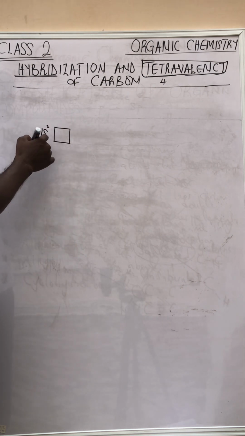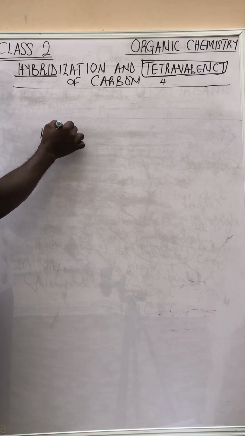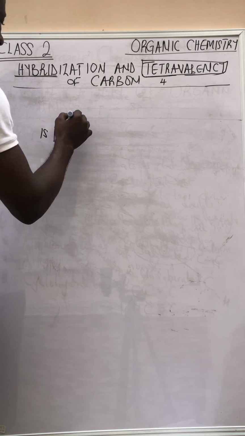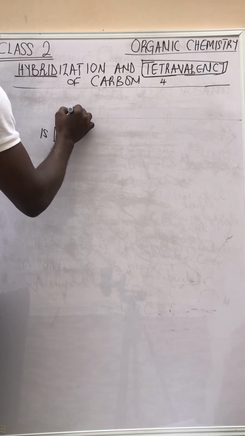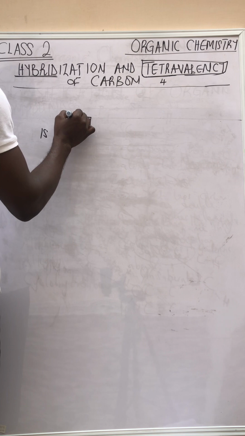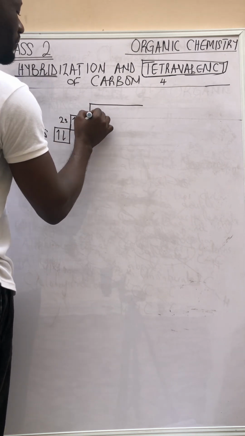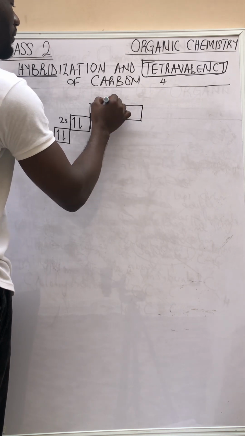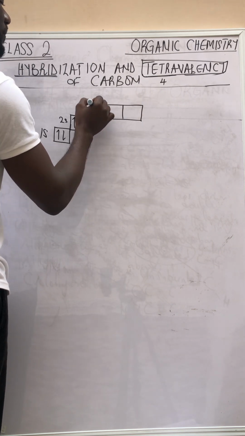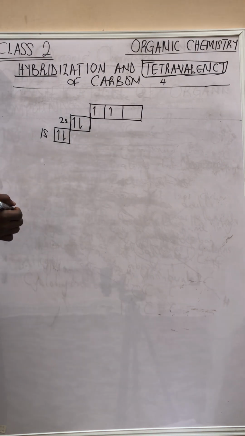So we have 1s here, then 2s, and then the 2p orbitals.